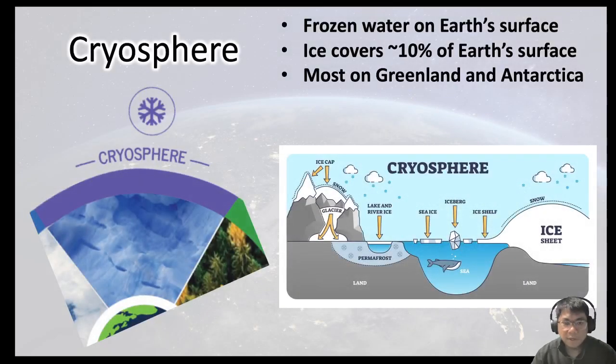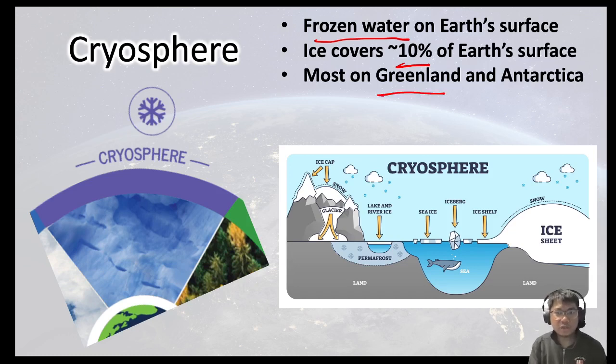The next part that I would like to talk about is the cryosphere. The cryosphere is the frozen water, or the water molecules in solid phase, that are found on the Earth's surface, and ice covers about 10% of the Earth's surface, and most of this ice is found in Greenland and Antarctica.